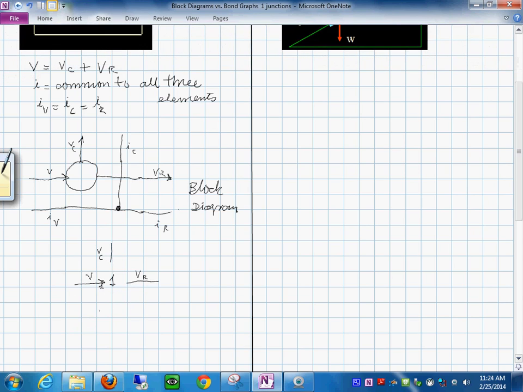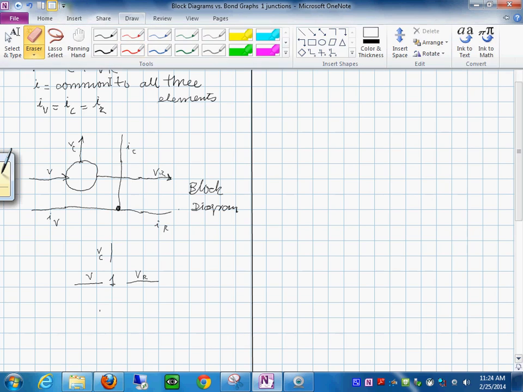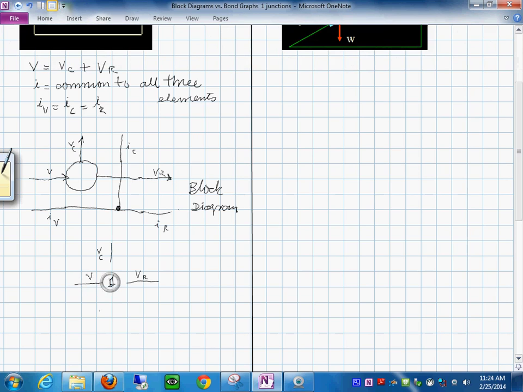So let's be consistent with that and just use a half arrow here. And that is like this. When you have a bond graph model like this, you know that V is equal to V sub C plus V sub R, like that. And that is your bond graph model of this same thing that you see here as the block diagram.